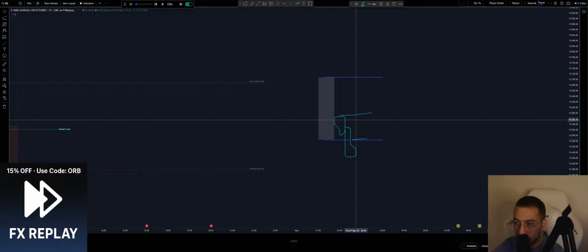So if we're going for longs, the candle that closes above or below the range, the candle before it is your stop loss, whether it's a high if you're going short or a low if you're going long. For example, for longs, this candle closed above, then your stop is going to be at the low of the candle before it. And then targeting to risk to reward.